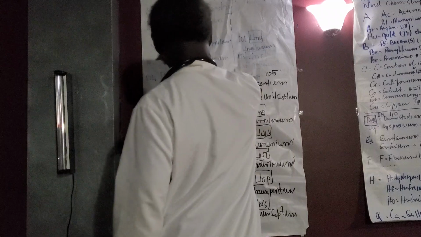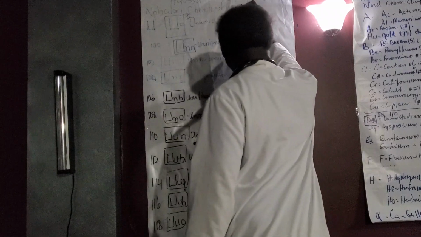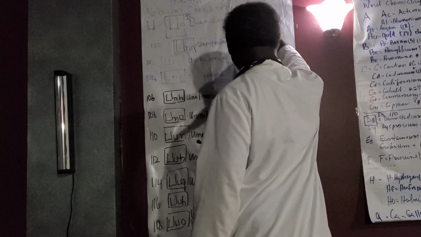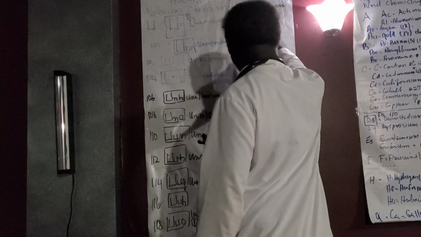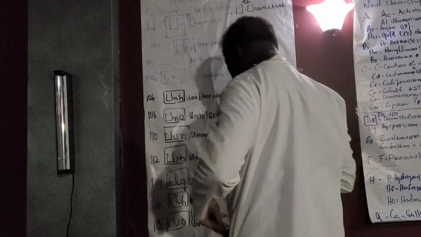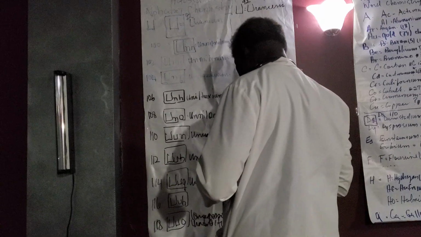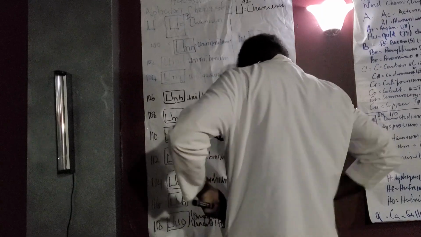Let's put U up here as uranium, 92, and let's look for the atomic weight of uranium.